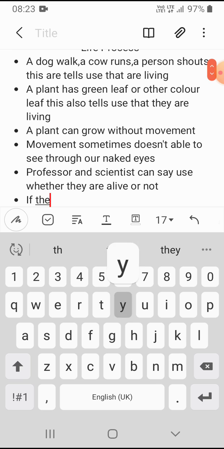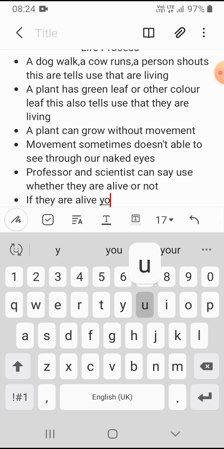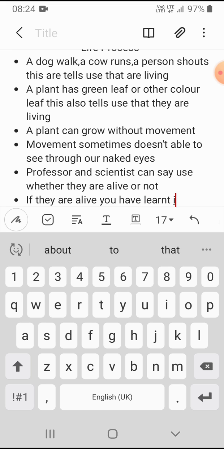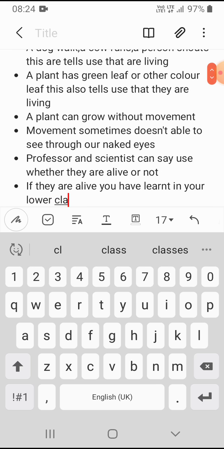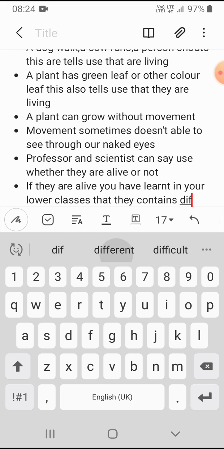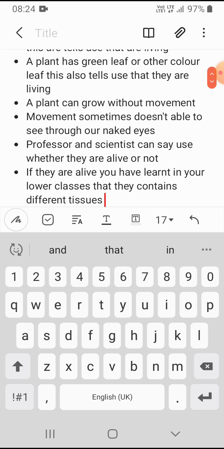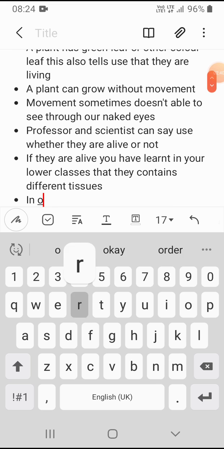If they are alive, as you have learnt in lower classes, they contain different types of tissues.